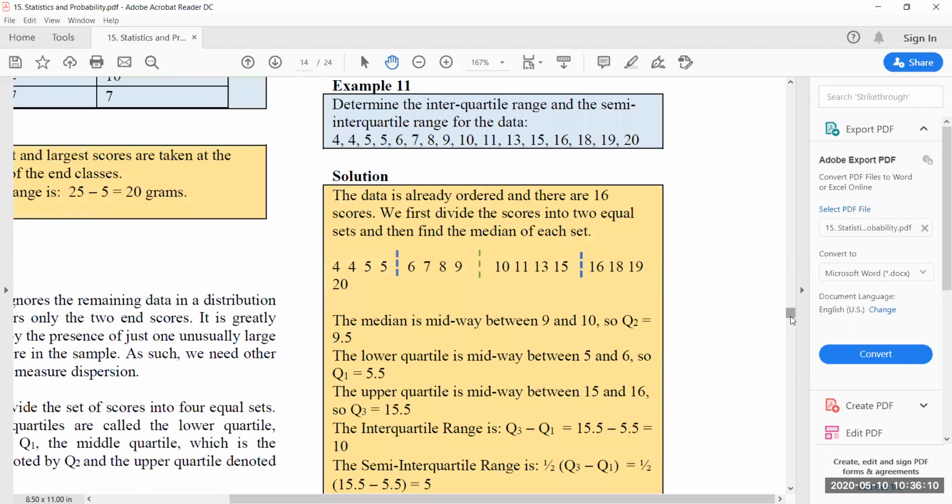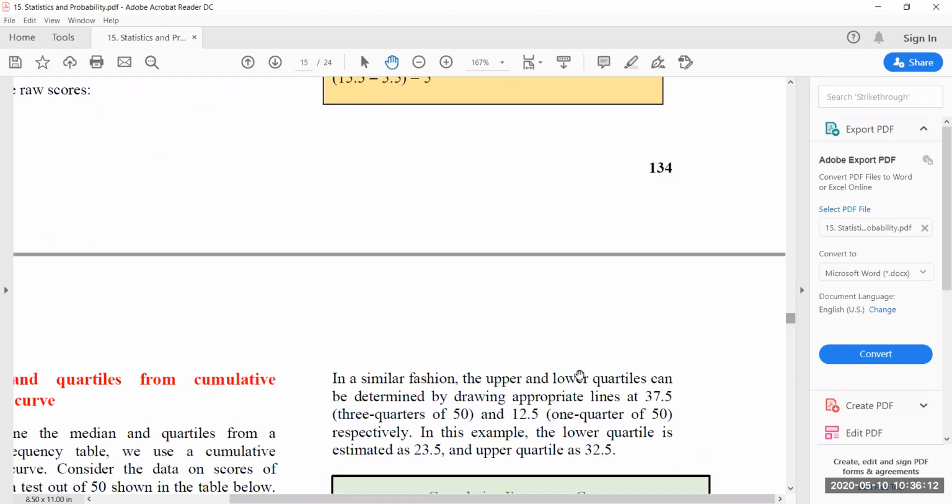This is the working for it, but I did it already. Mine was done slightly different.